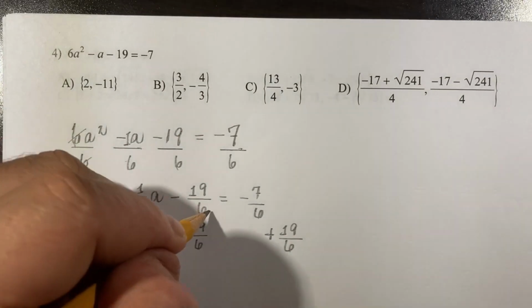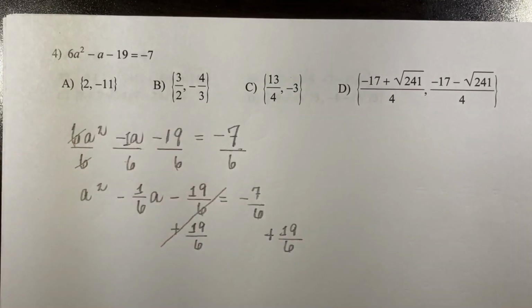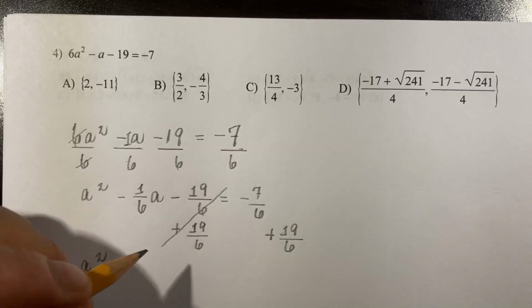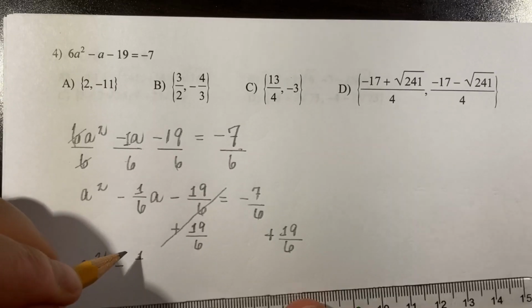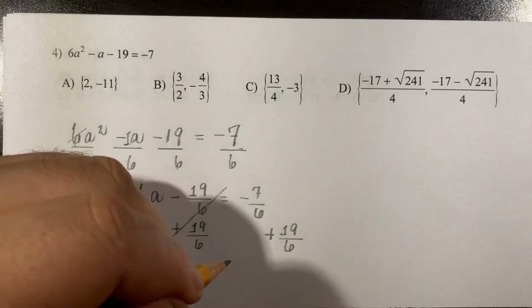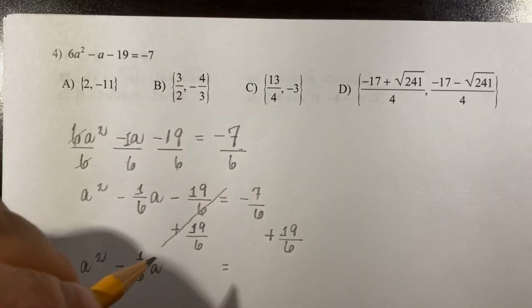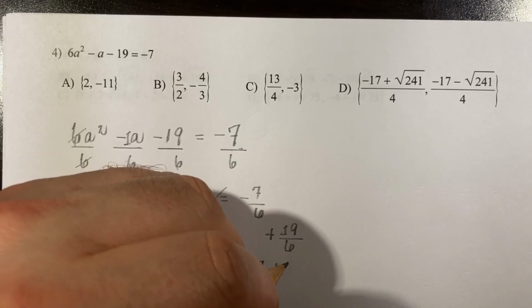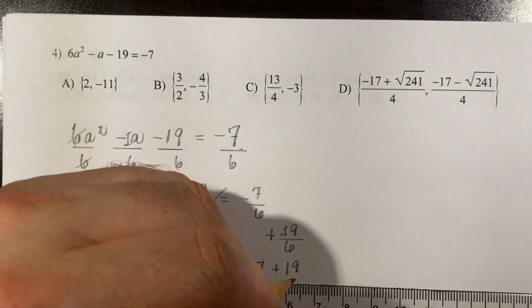Okay, cancel. And now we have a squared minus 1 over 6a. Leave a big space. And now you've got negative 7 plus 19 over 6.